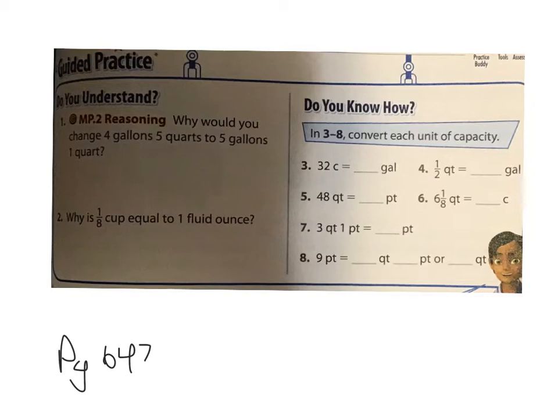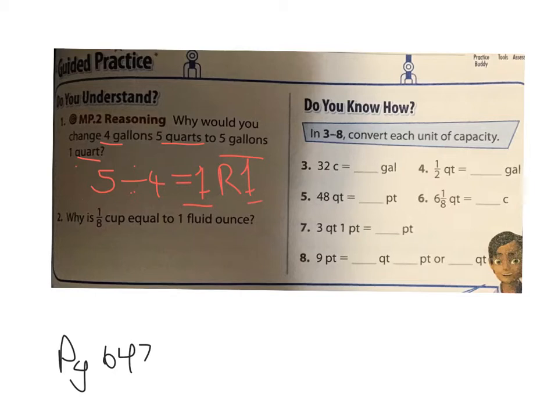Well, because this 5 quarts is the same as 1 gallon and 1 extra quart, because if we divide 5 quarts by 4, we're going to end up with 1 gallon and then 1 quart left over, so a remainder of 1. So that's how you end up with 5 gallons, because you've got the 4 originally, plus the 1 more, with a remainder of 1. That's what the extra quart is there.